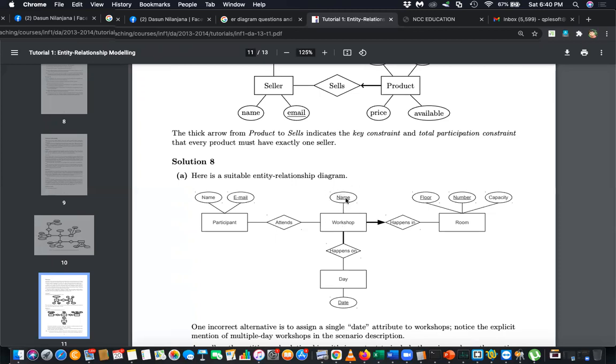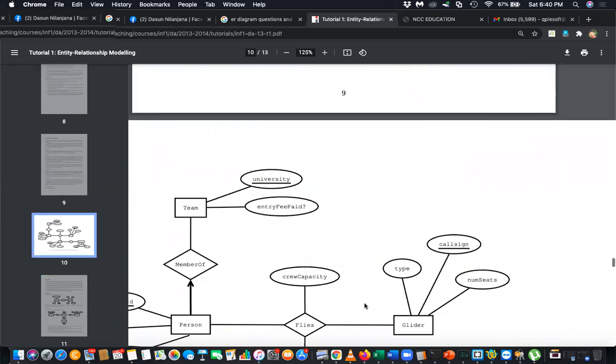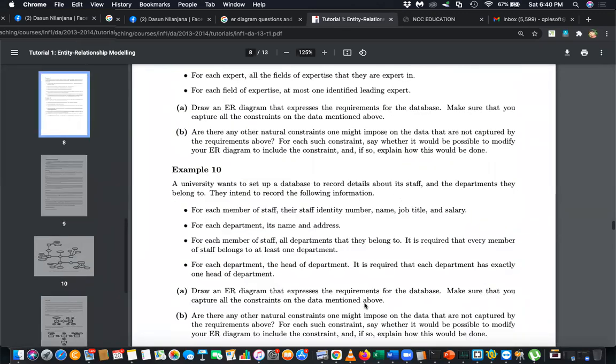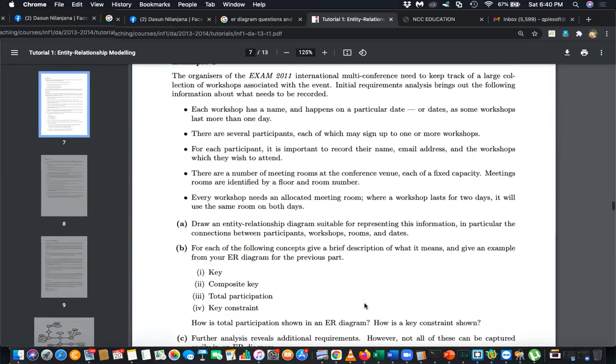Workshop has a name, and workshop happens on a day. So a particular day. It is not taken as a multi-value attribute. Instead, it is taken as an entity, and a day has a date. So why is that? Here I think you can remember how it is explained in the question.